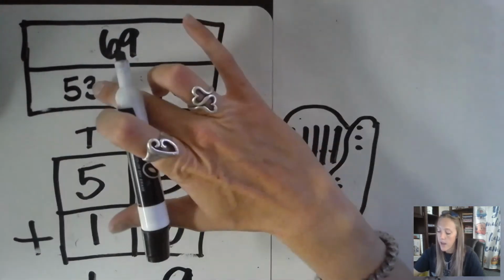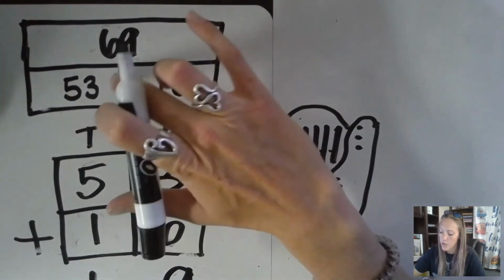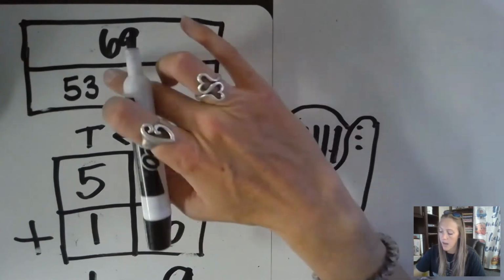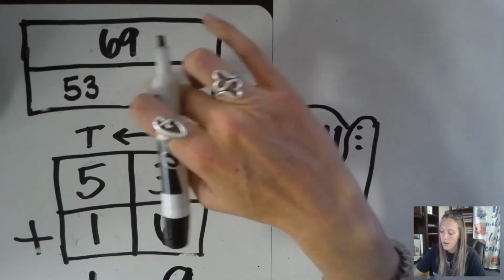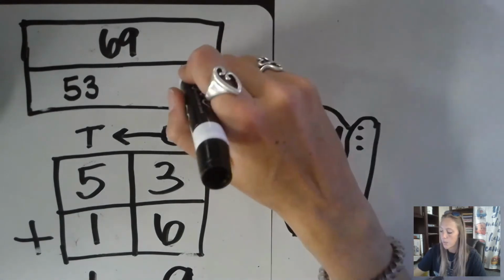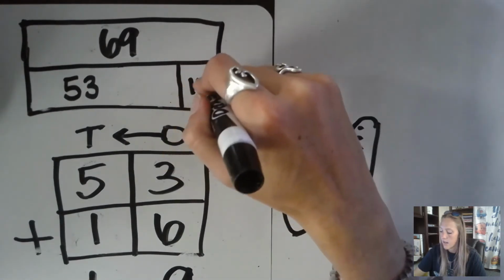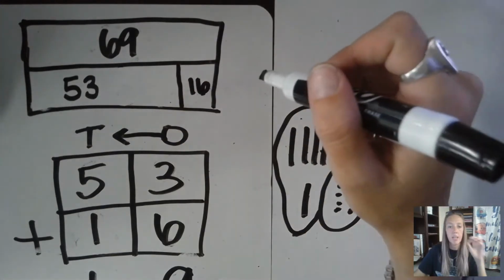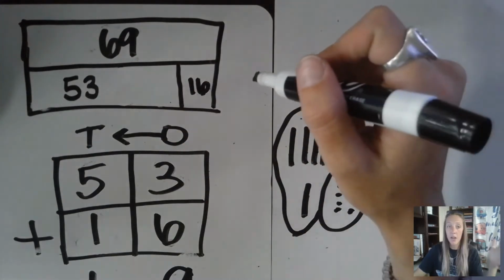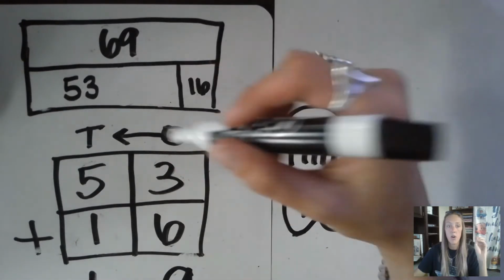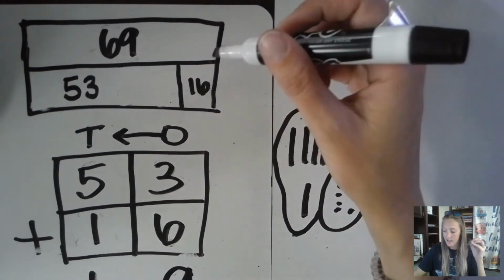In fact, if we use a strip diagram and we wanted to make this even more accurate, we could actually make it look like this.